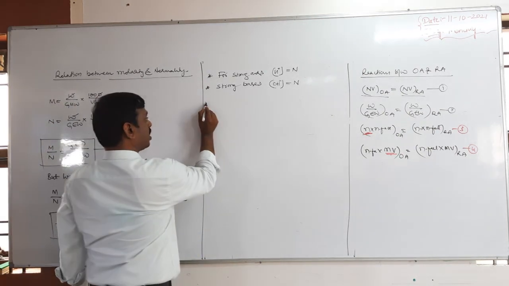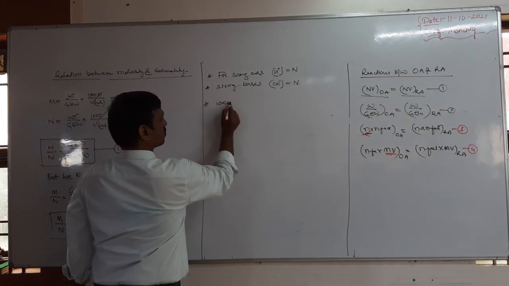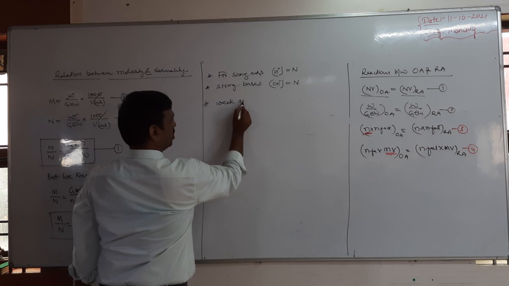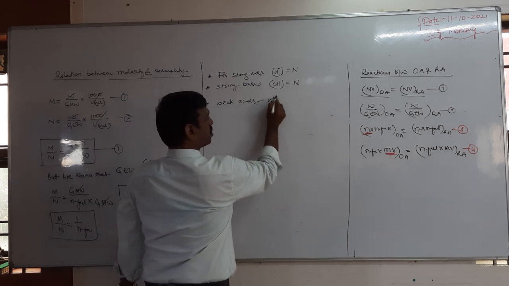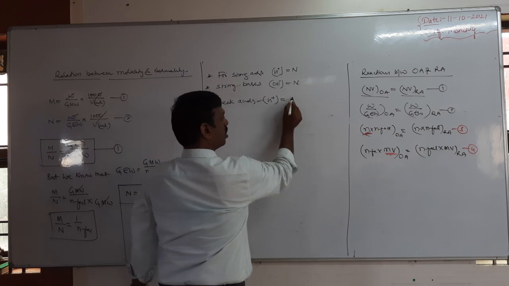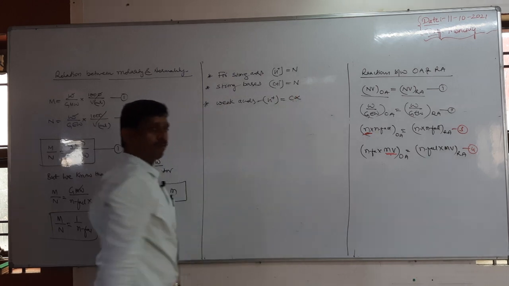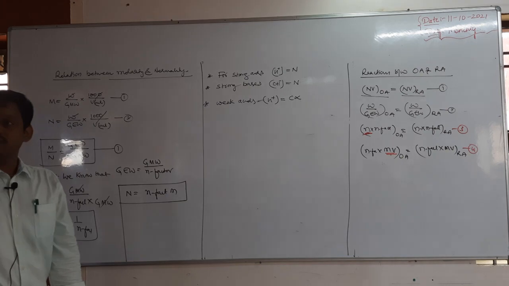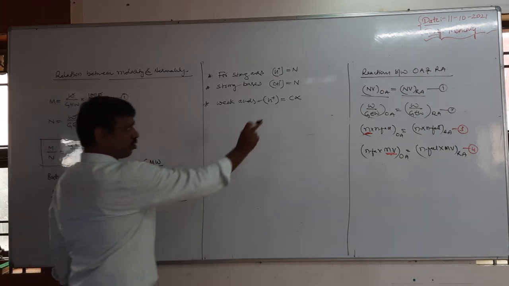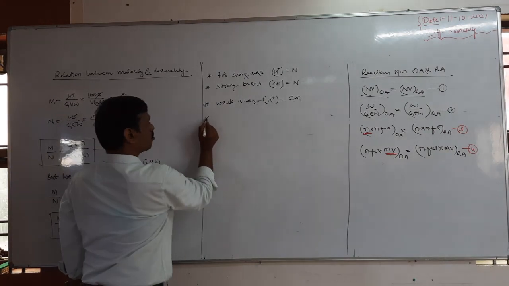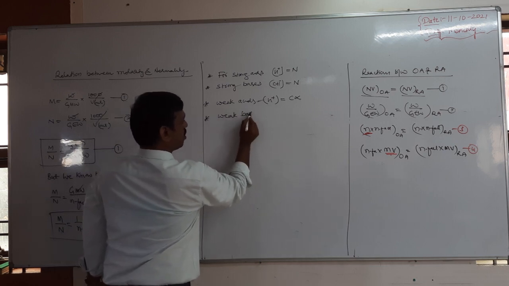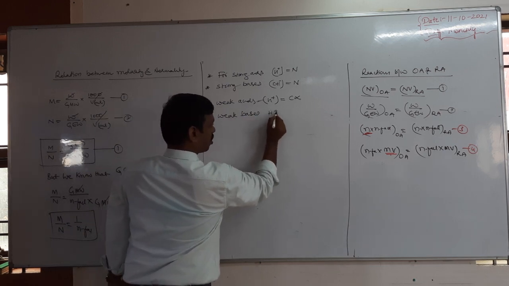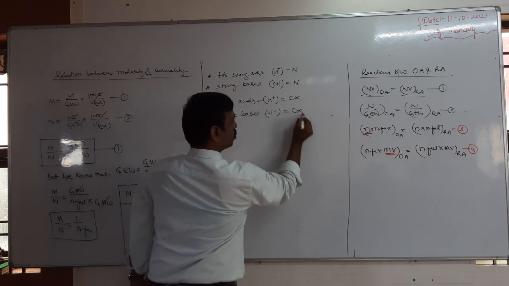What is the case for weak acids? For weak acids, H plus ion concentration is not equal to normality, it is equal to C alpha. We will study C alpha in chemical equilibrium. C is the concentration, alpha is the degree of dissociation. For weak bases, OH minus ion concentration is also equal to C alpha.